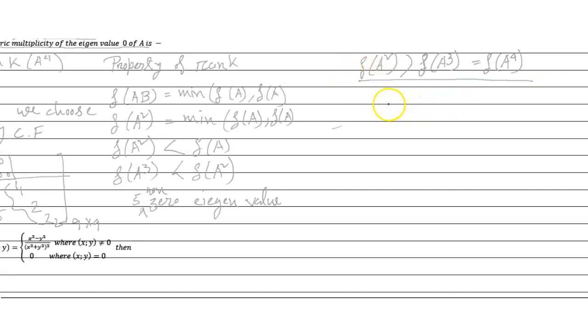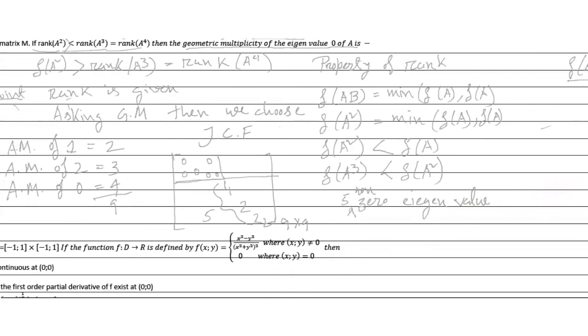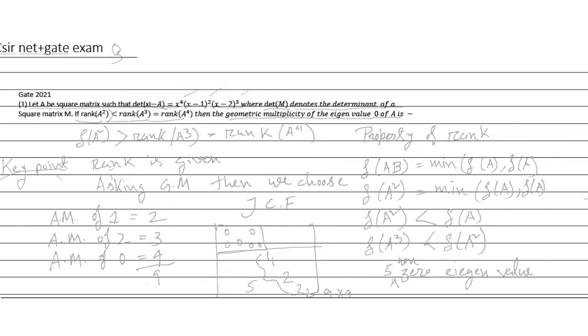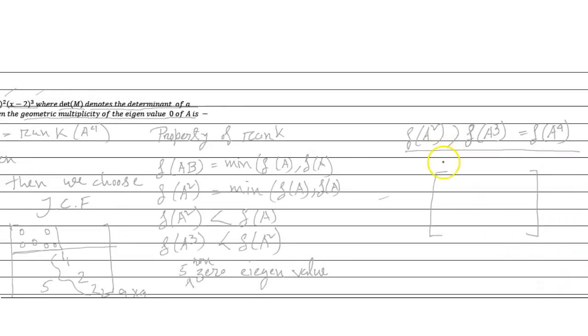So my possible Jordan blocks, there is a 4 cross 4 matrix, and let's see whether any other condition is given. No. So friends, I have AM 4 for eigenvalue 0, so the possible Jordan block structure, the possible JCF.